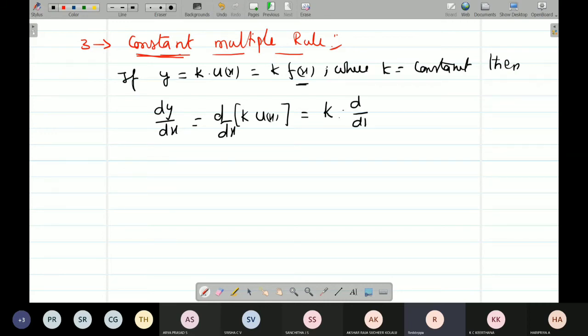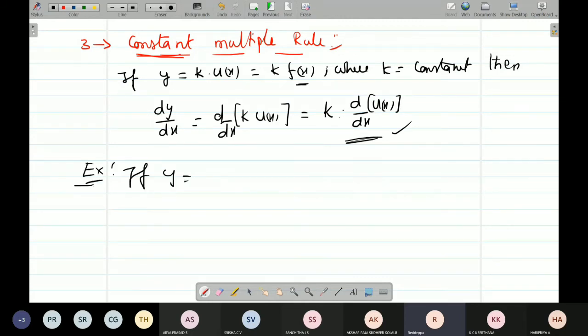Then k into d by dx of u of x. Is it clear? This is how you have to do it when you come across any function which is a multiple of a constant. The function u of x can be any function: trigonometric, polynomial, logarithmic, any function. So note it down.